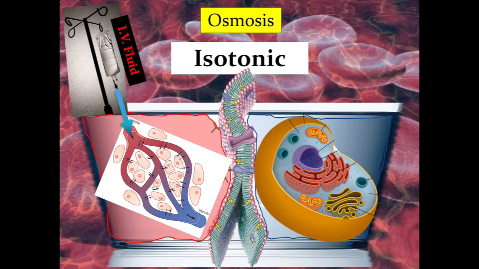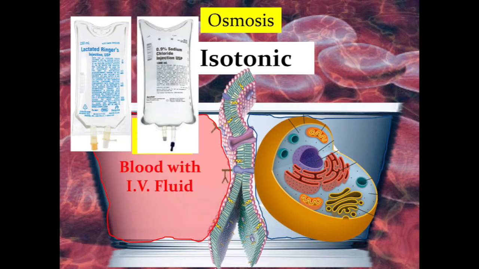So iso means equal. Let's see what happens. We're going to come down to the capillaries. There are two isotonic fluids that are commonly used in sedation or dental anesthesia, and those are LR, lactated Ringer's, and normal saline. So those are going into the bloodstream.